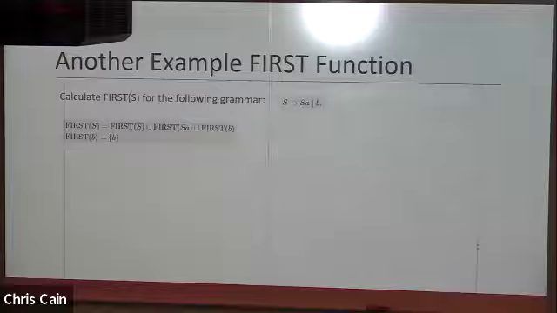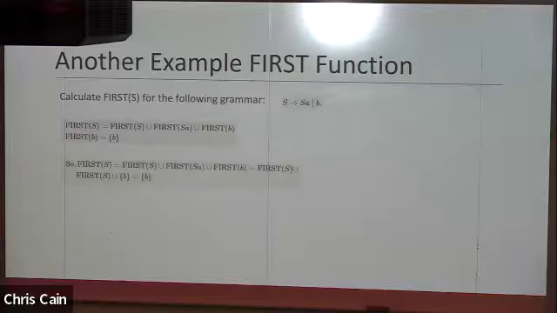So if we ever do anything with self-reference, then it is the empty set. And we end up with first of S, union first of S, union B. Just gets us B.